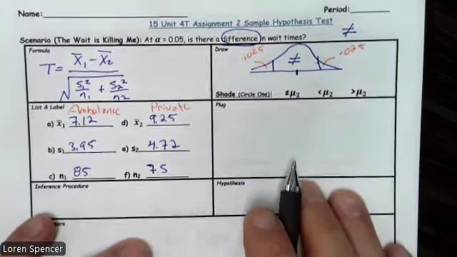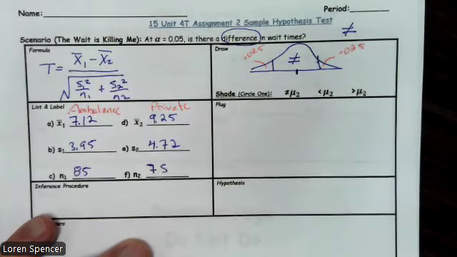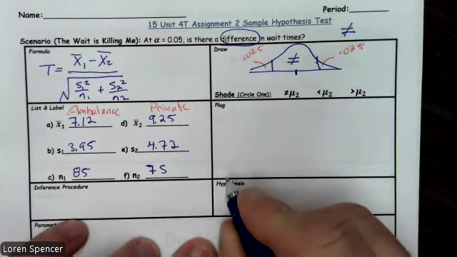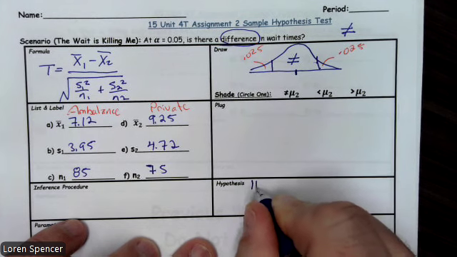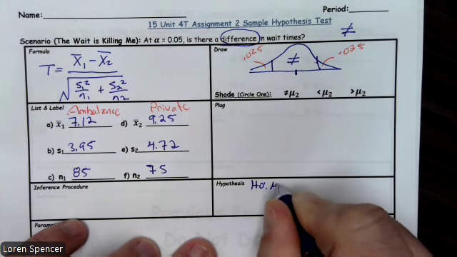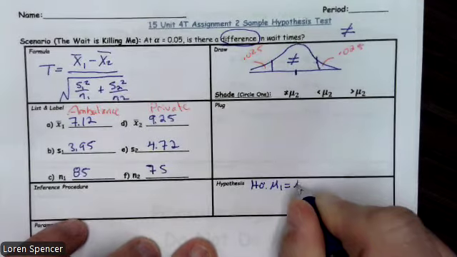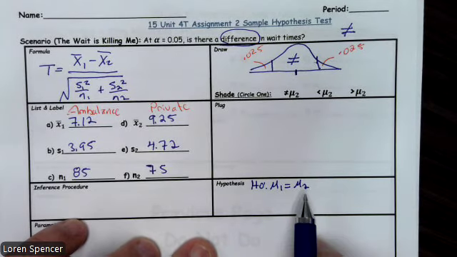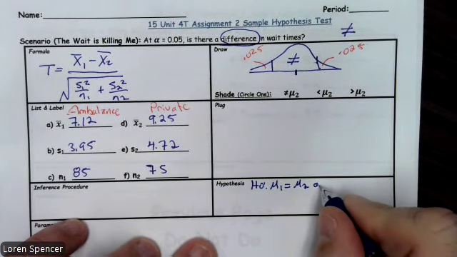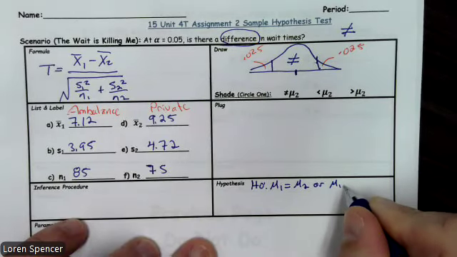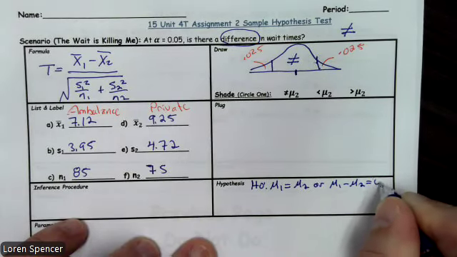What are we centered on? Well, let me skip down and do my null hypothesis real quickly. The null hypothesis is that there is no difference. H0: mu1 equals mu2, or mu1 minus mu2 equals 0.